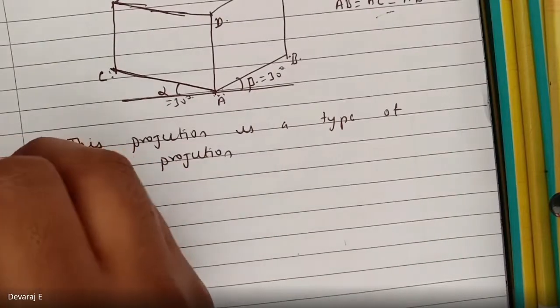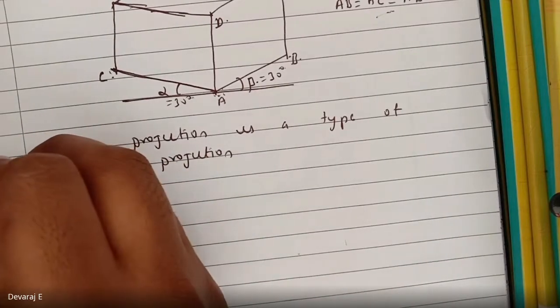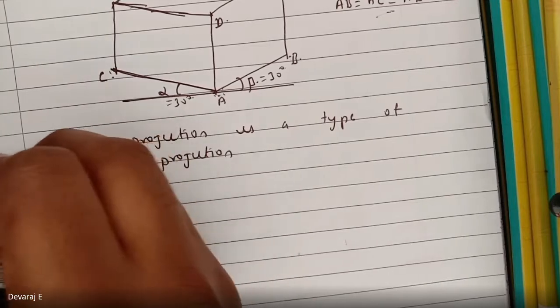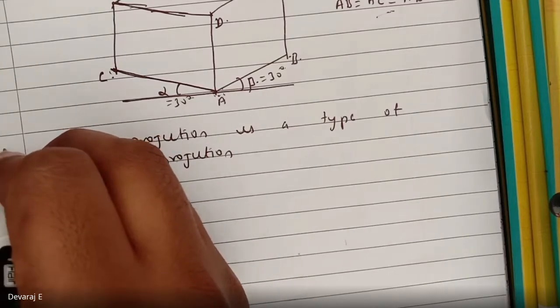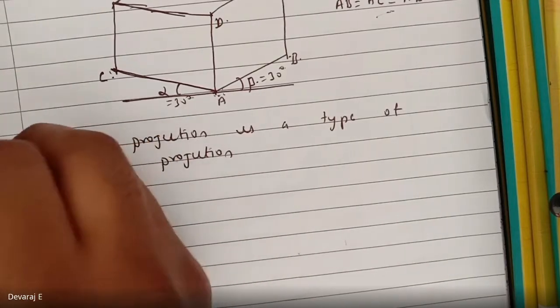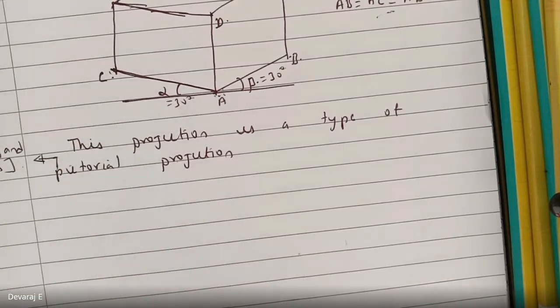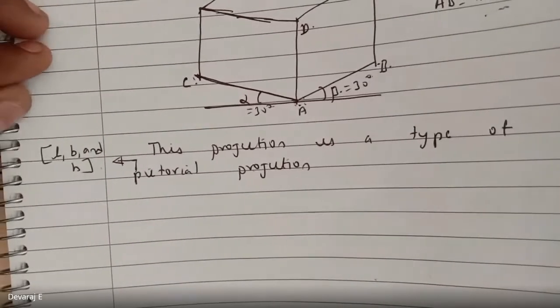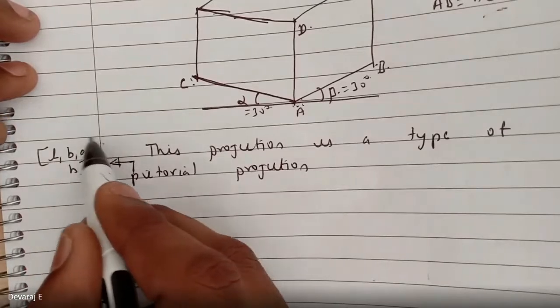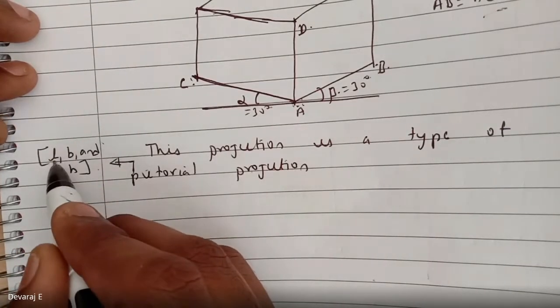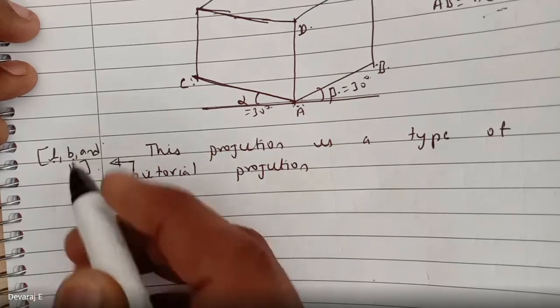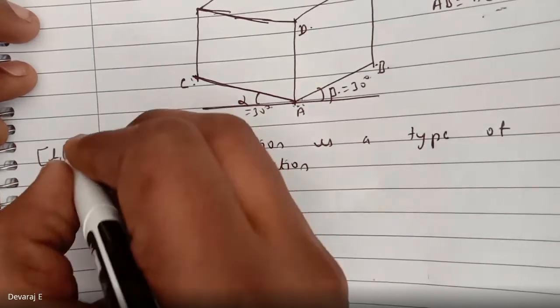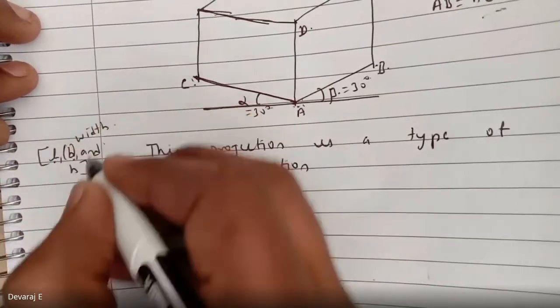You should see all the length, then width, or you can say the breadth, and height of an object. So if you're viewing in the plane of projection, you should see all the 3 dimensions: length, width or breadth, whatever it may be, and height.